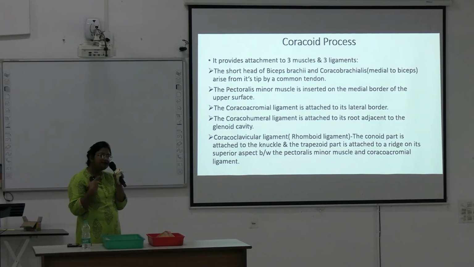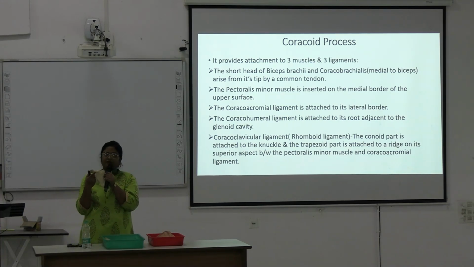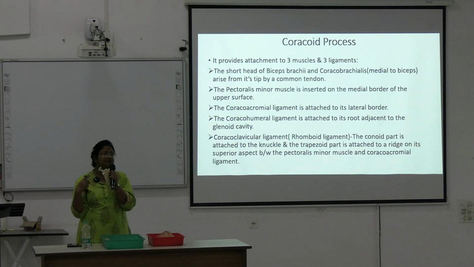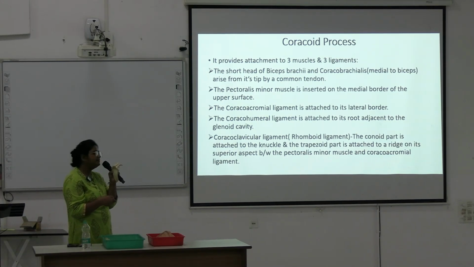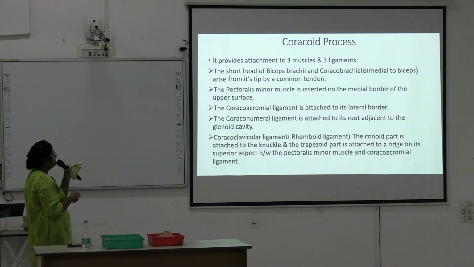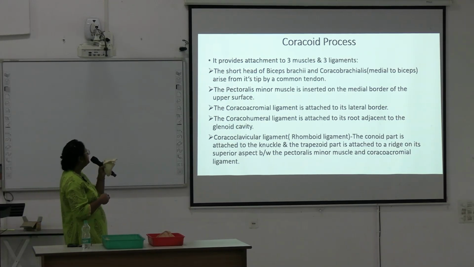That is also important for your viva. It is asked, okay. These two muscles arise together from the tip of this coracoid process. Which one is medial, which one is lateral? It is asked, okay. So, coracobrachialis is medial to the biceps. They arise from its tip by a common tendon.